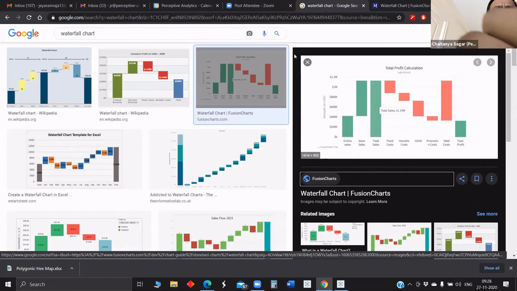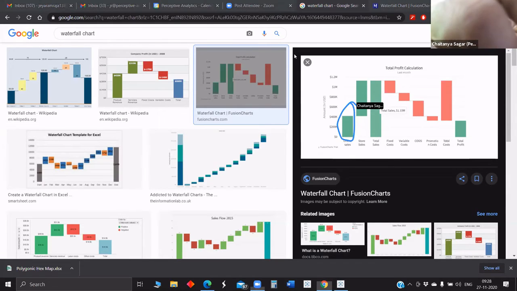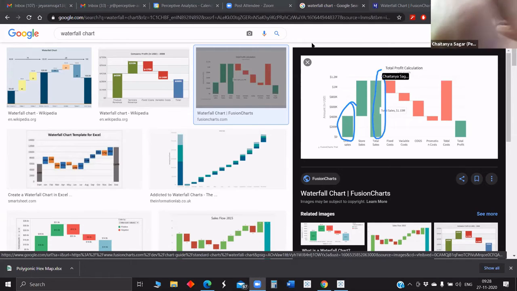If you have this green one right here, and you have the next green one right here, and then the second green one right here, the middle one indicates the delta between the first and the third. You see the difference, this one.